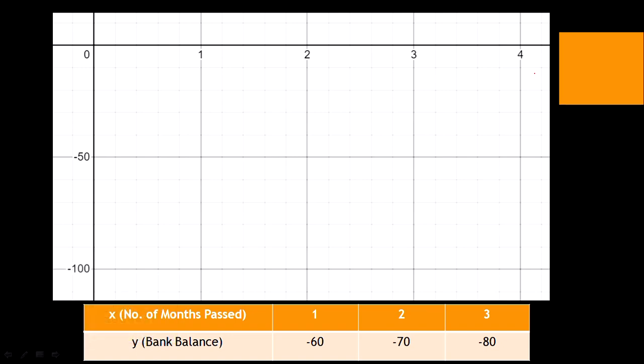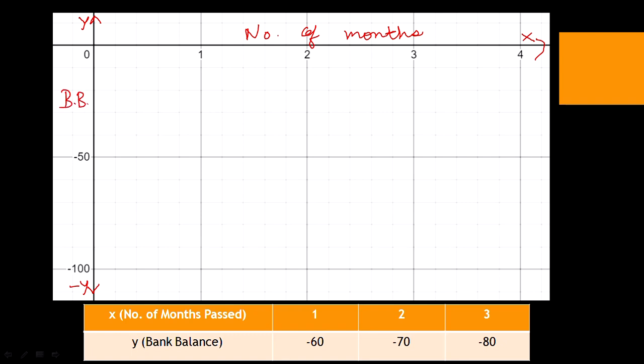So on this x-axis I'm plotting the number of months, and on the y-axis, this is the negative y-axis, right? This part would be the positive y-axis. So on the y-axis I am plotting his bank balance.